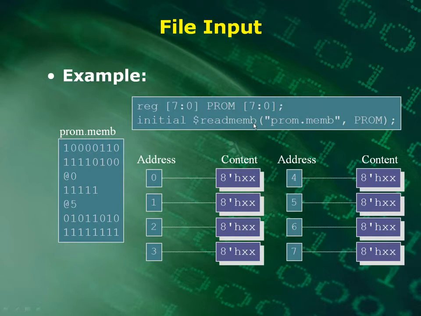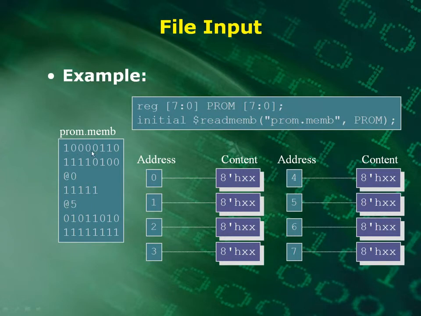So we're told that we're going to read binary values in, and we're going to read it from this file name, and this is where we're going to put it in prom, this memory here. So we start off, let's say all of our contents of our memory is all set to hex XX. Okay, it's not initialized.